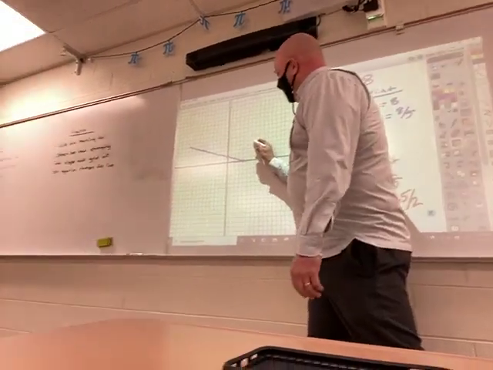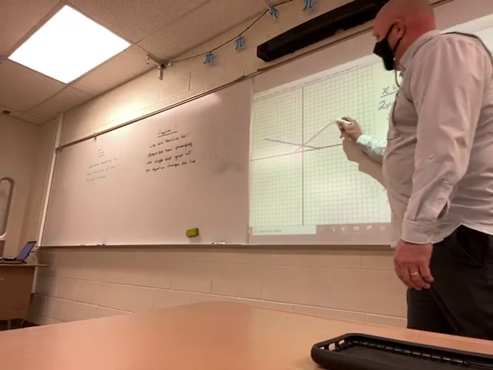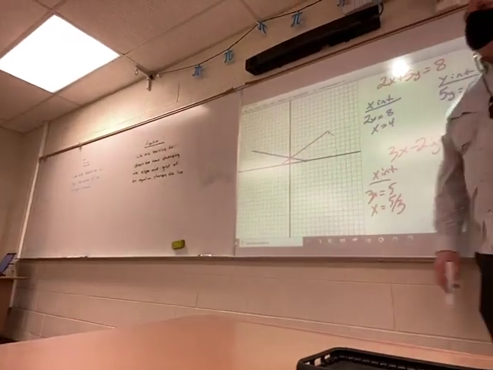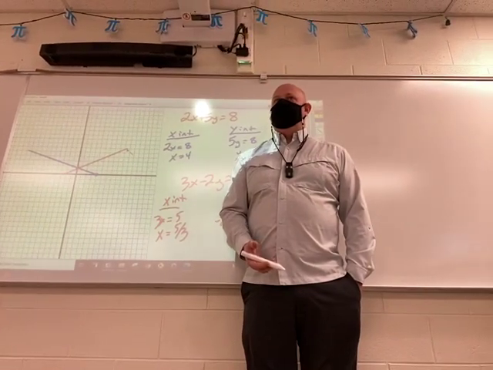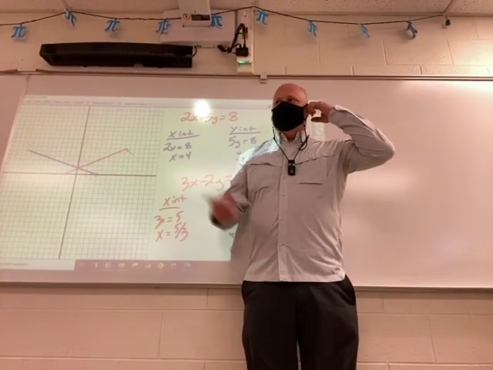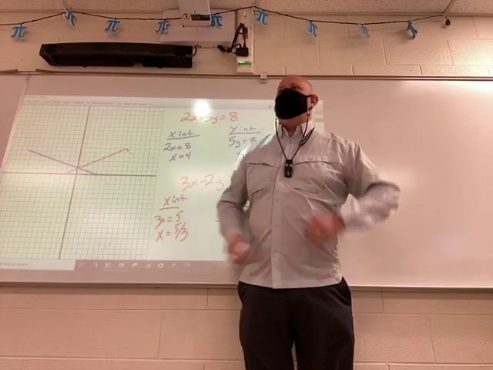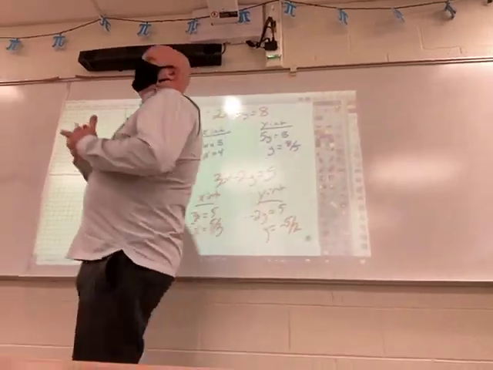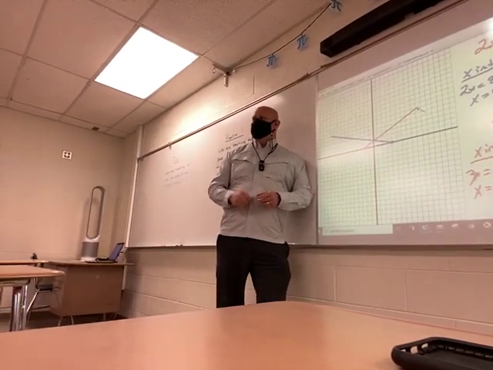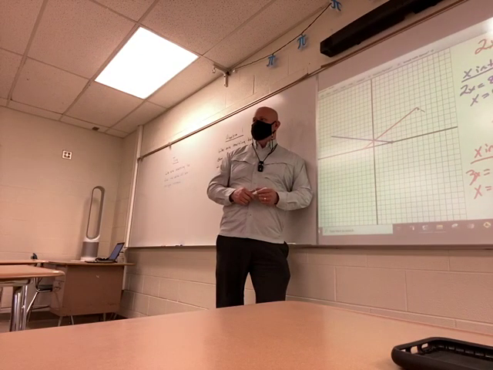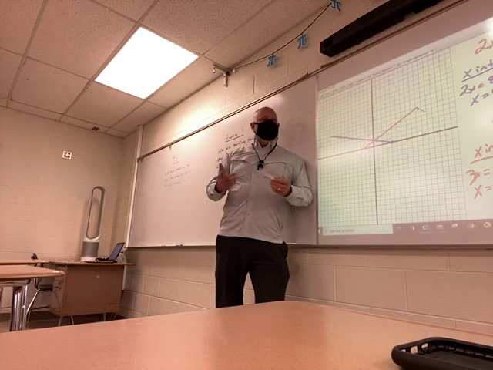Where do you think the answer is going to be? Where's the answer to this problem? Where they cross. Now, with this problem, am I very confident that I know the answer? Why not? I got ugly decimals.